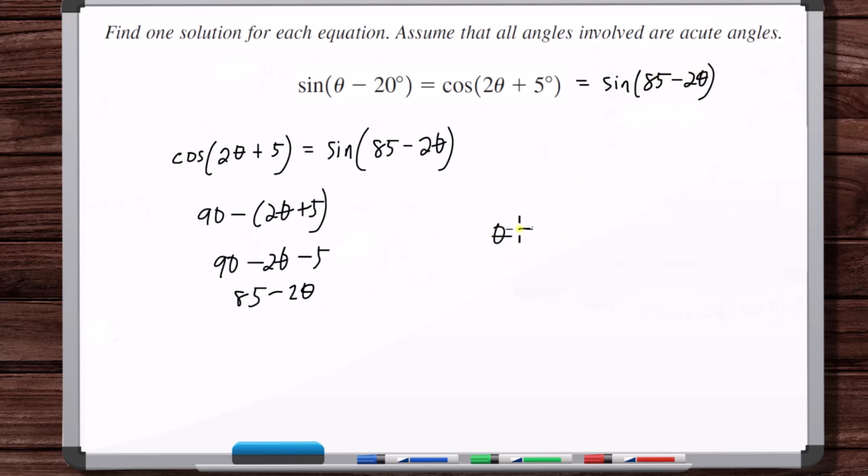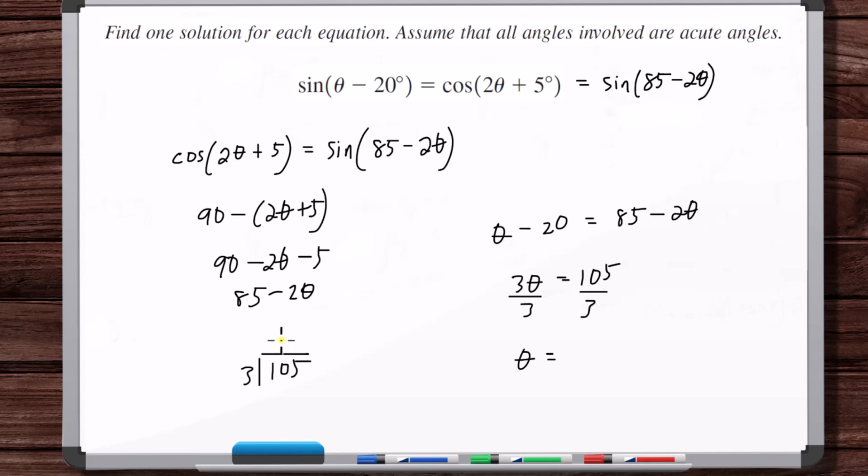So okay, we've got theta minus 20 is equal to 85 minus 2 theta. Add 2 theta to both sides. Add 20 to both sides. So theta is equal to 105 divided by 3, is 35 degrees.